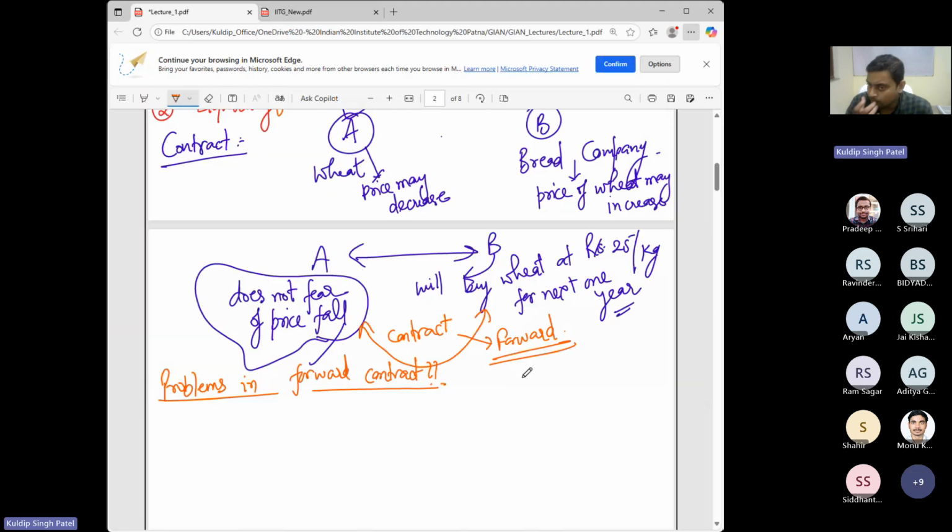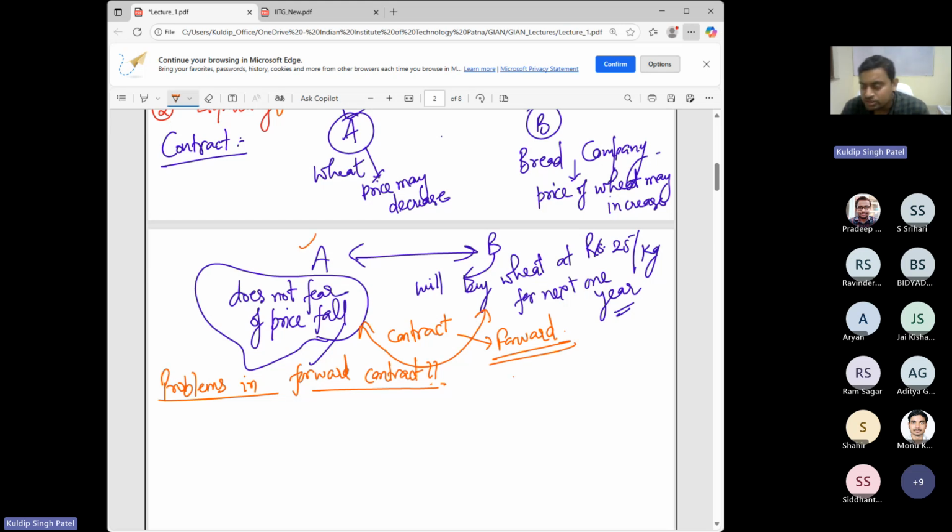So the simple idea is, suppose the price of wheat is too high in the market. The price of wheat is 30 rupees per kg in the market. Who is likely to default? Who will not fulfill his promise? Default means who will not fulfill his promise. So tell me, A or B? A. Yes, A is likely to default.